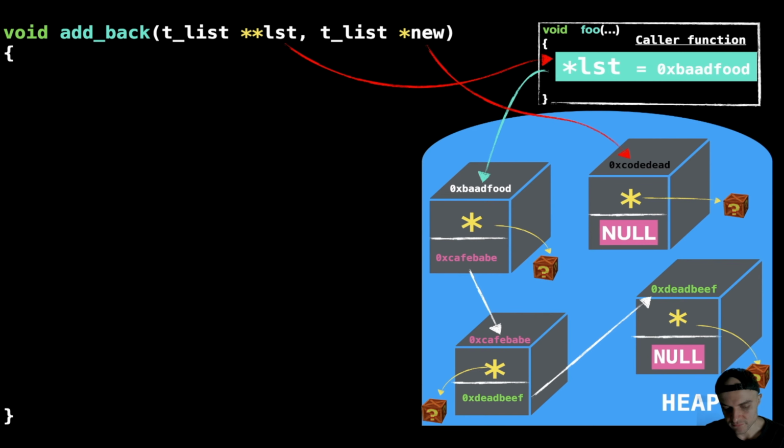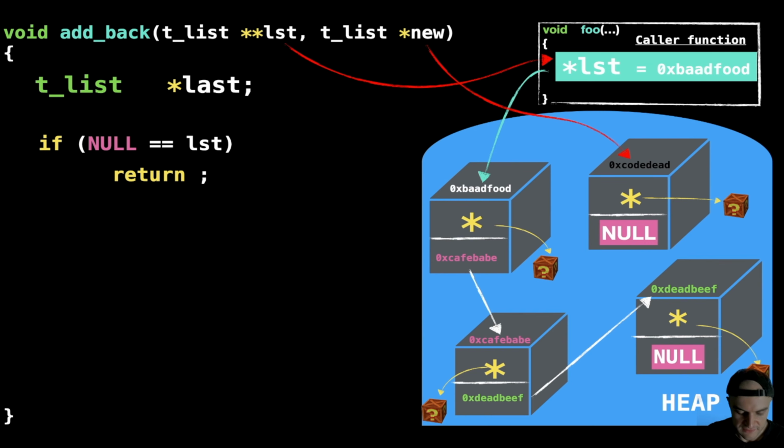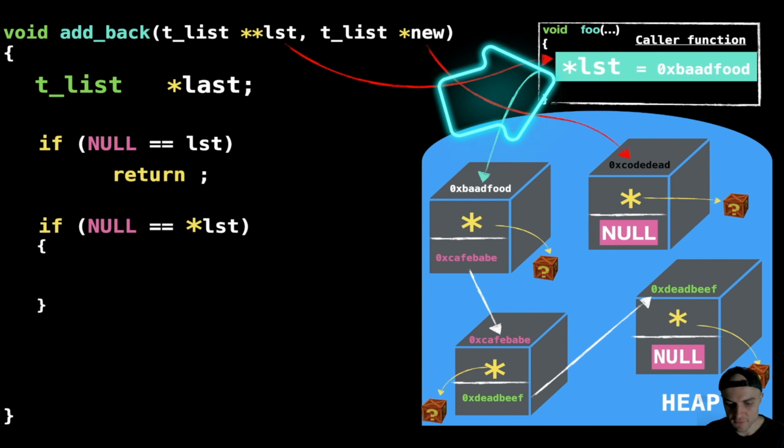All right, so the pattern is pretty similar to add front, with minor differences. So what are we going to do in this code? Initially, we're going to declare a pointer to the last node, okay? And then we're going to say, in the usual control, if the pointer is invalid, we're going to return because we cannot do anything basically. On the contrary, if null is equal to at list, so here is written, if the caller function gave me a list which is null, it's an empty list, what do we do?